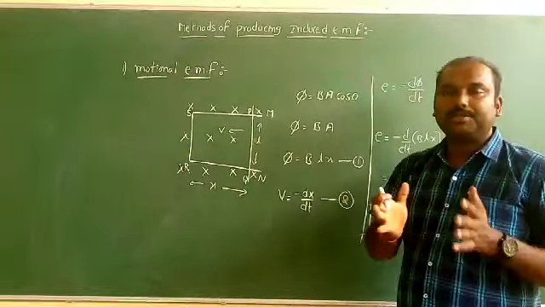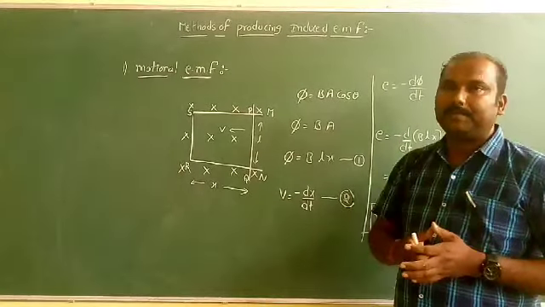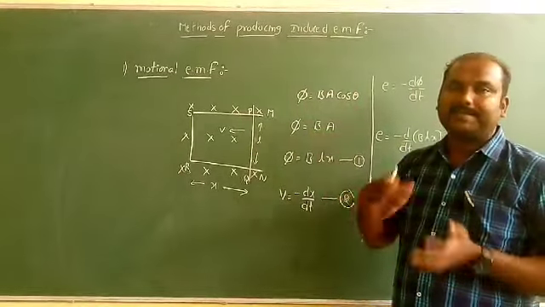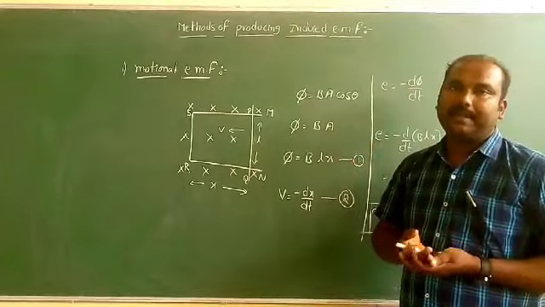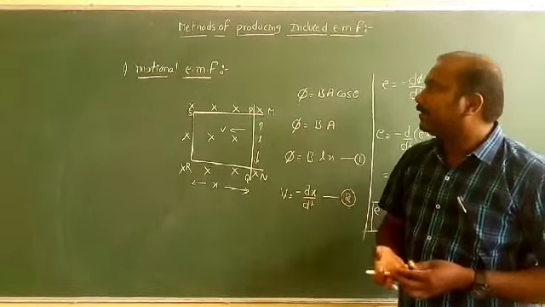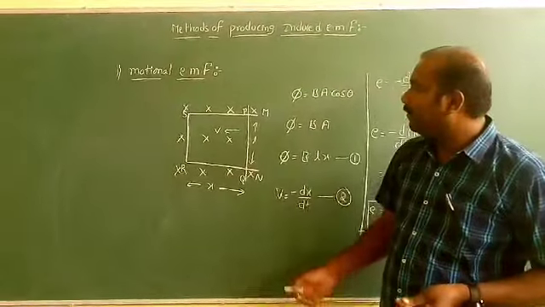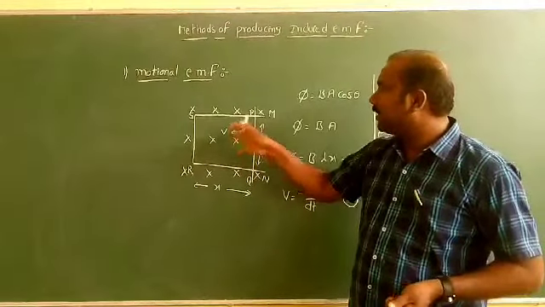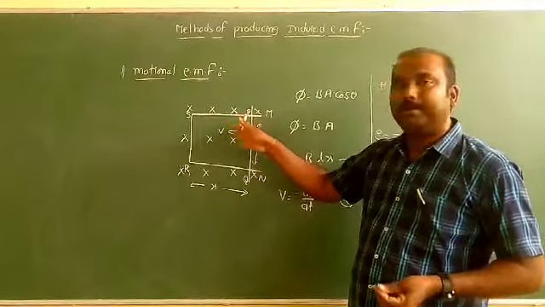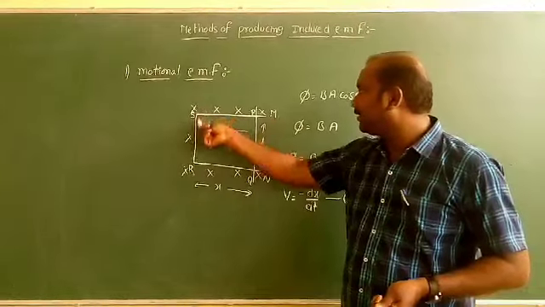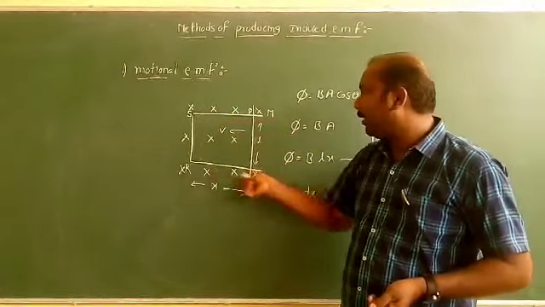Here we are discussing two important methods. First method is the changing area method, and second method is changing the orientation method. Now see, first method, it is motional EMF. In this motional EMF, the uniform magnetic field is applied perpendicular to the plane of the board. Here I am giving one rectangular conductor, namely MSRN.